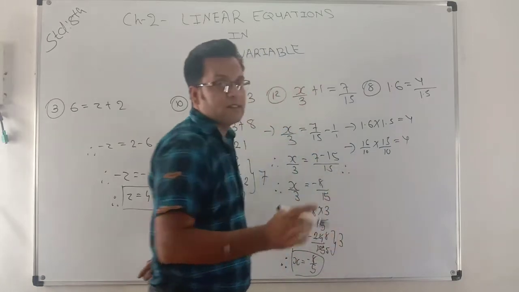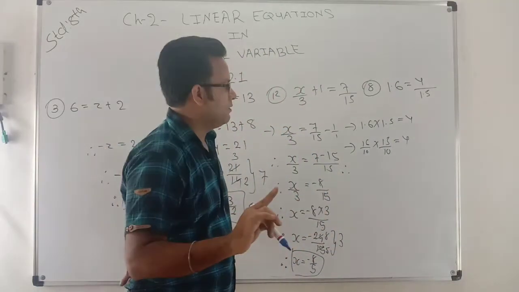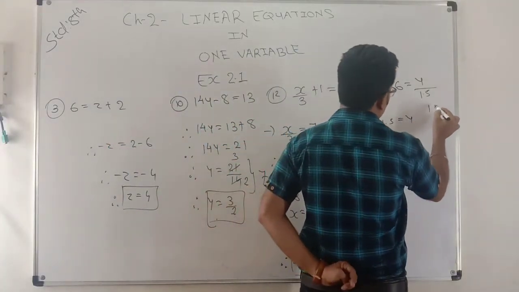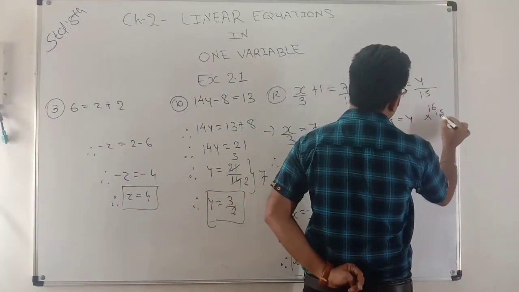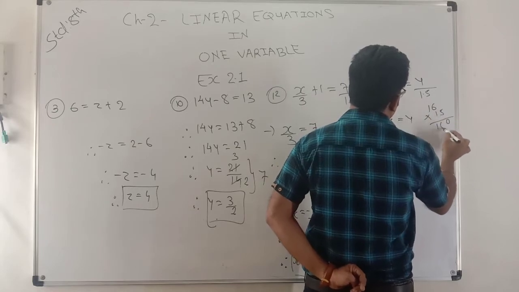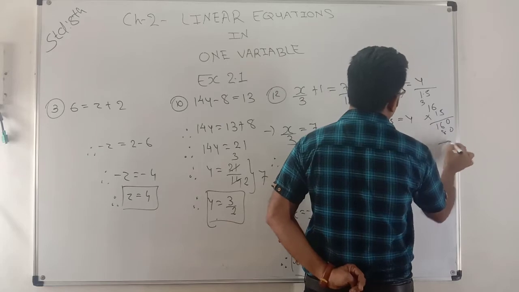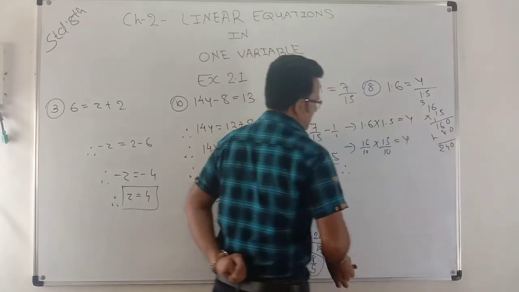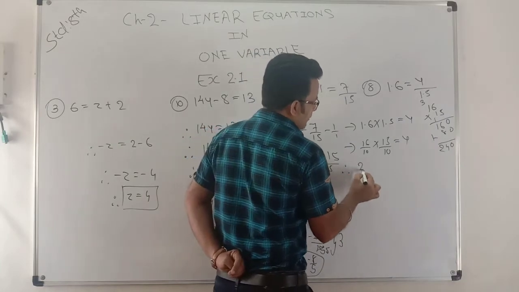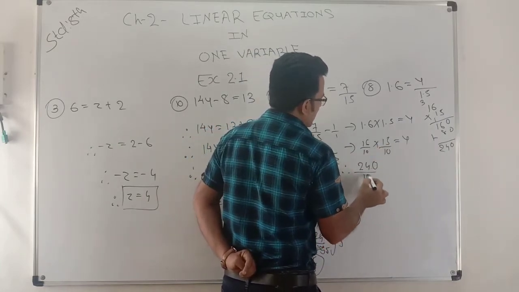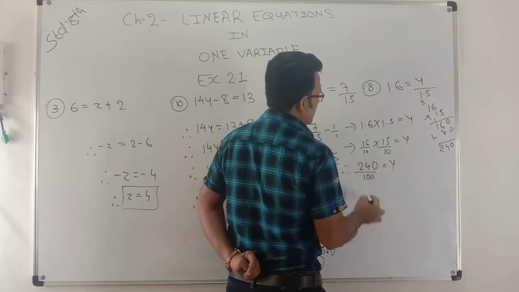Therefore, now 16 into 15 you have to do. 16 into 15. 5 6s are 30, 8. It will be 240. So 240 upon 100 is equal to y.